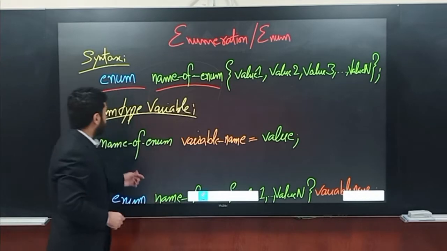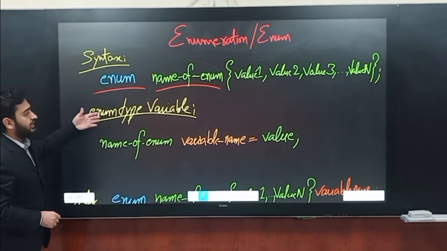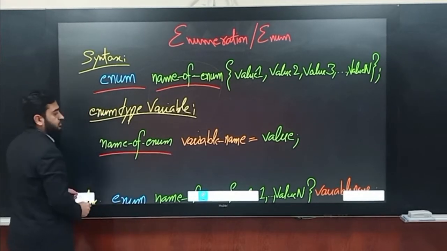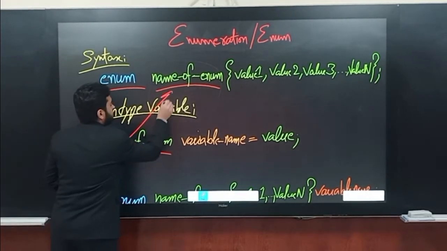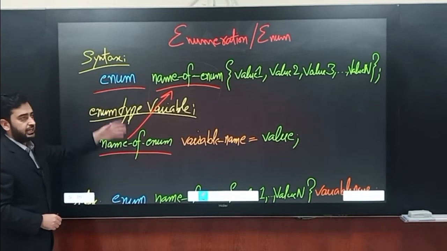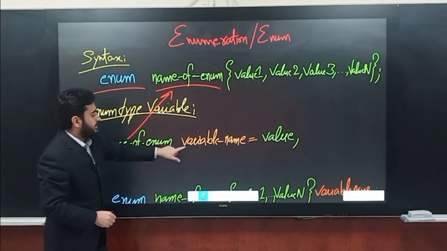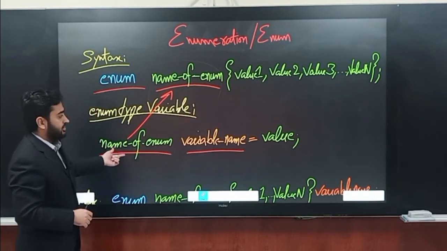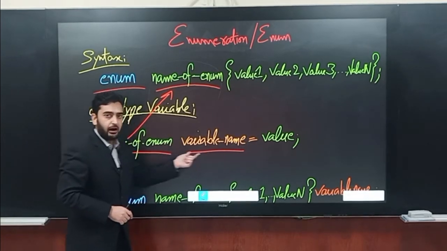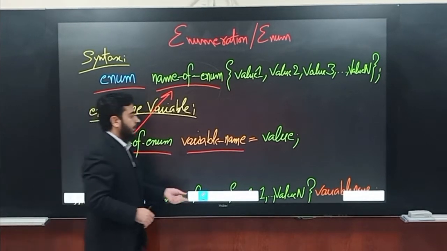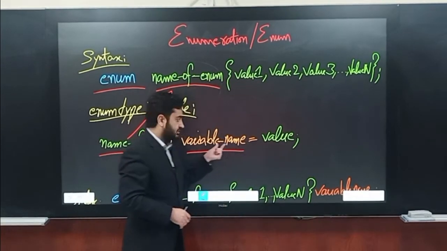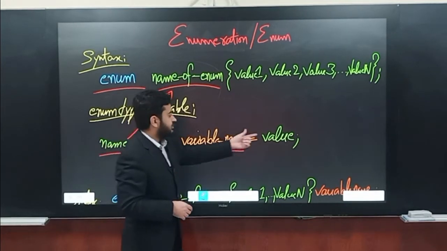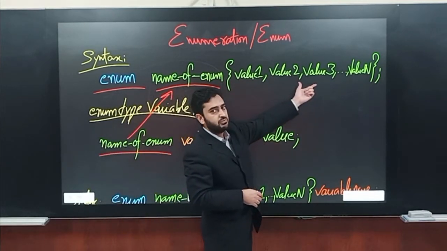The syntax to declare the enum type is to write down the name of the enum just below the declaration of the enumerations, and then define an identifier for the enumeration type. This variable will be of the enumeration type, and then you can assign a value to this variable just like a normal variable in C++, and this value must be from the set of these values.